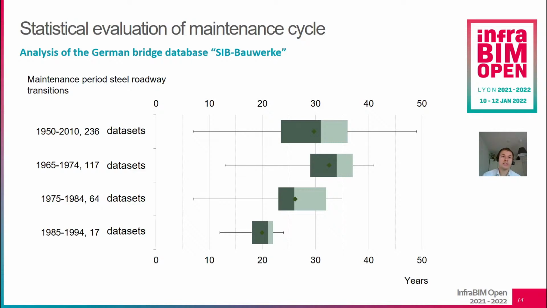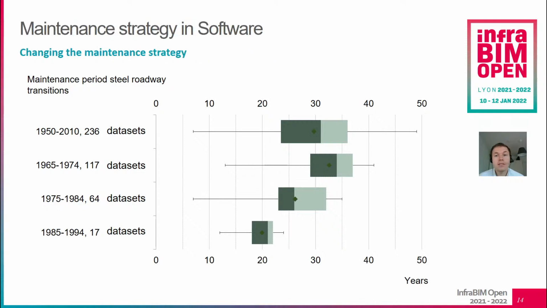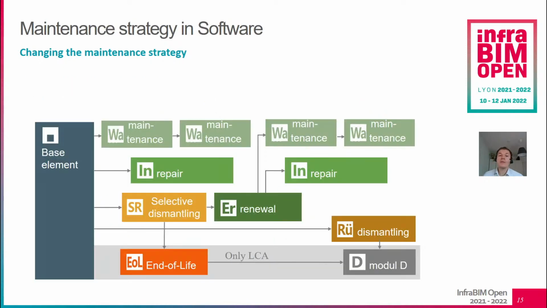Therefore we can do a statistical evaluation to see how long the service life of one specific bridge component is. In the software this was implemented with follow-up elements. So we have our base element, for example a corrosion protective system, and these base elements have maintenance and repair elements which always occur after a specific cycle.